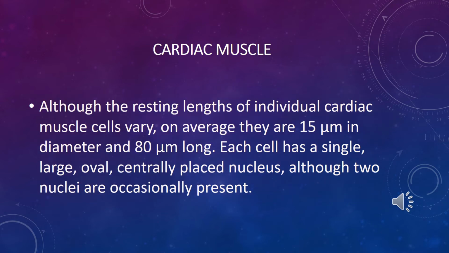About size: you can see on this slide the size of the cells, near 15 micrometers in diameter and about 80 micrometers long, and in the central part there is a single large oval nucleus, and sometimes a cell may have two nuclei.